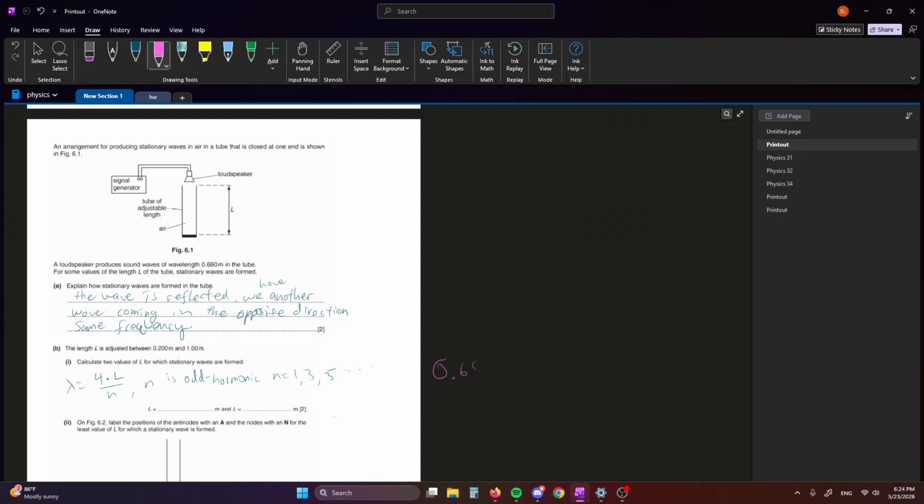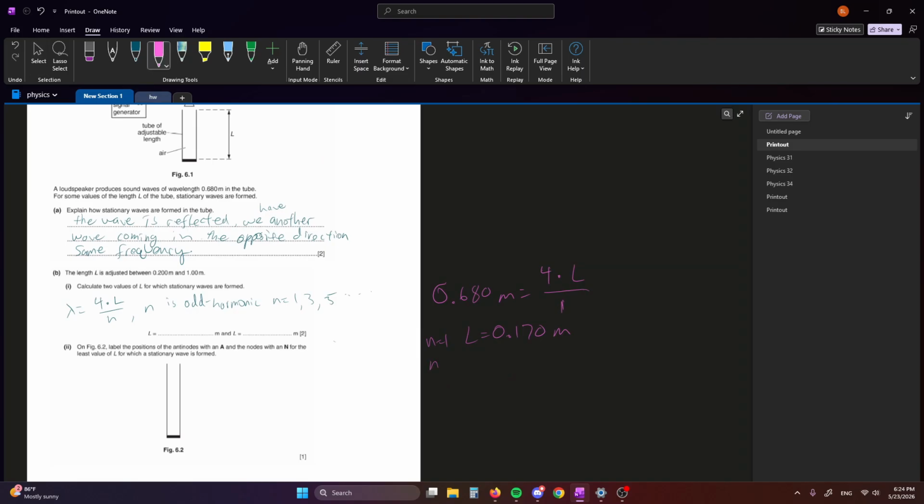0.68 meters for wavelength is equal to 4 times L over, we can say like 1. And in this case, L is equal to 0.170, which is not plausible. So we move on to the next one. And then this becomes L is equal to 0.510.